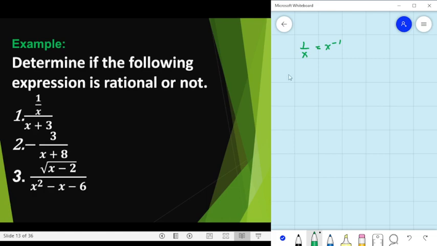If we express the square root of x minus 2 in exponential form, it becomes the quantity x minus 2 to the 1/2. Since the exponent is 1/2, the numerator is not a polynomial. So the whole thing is not a rational expression.